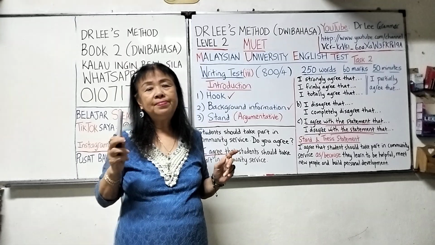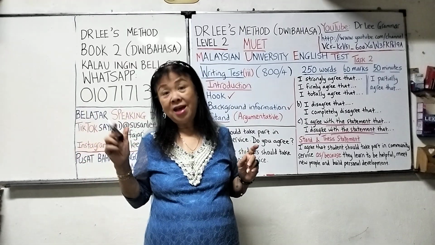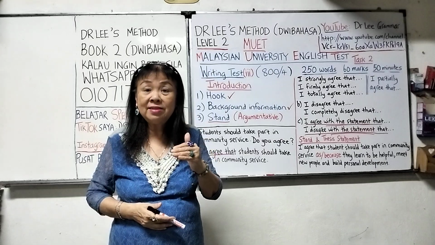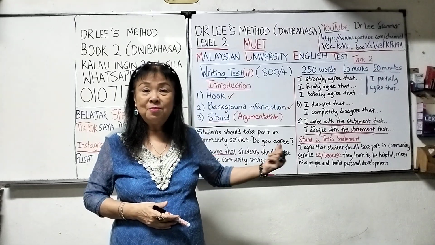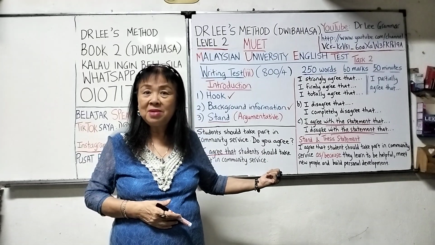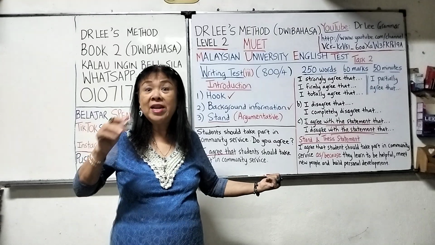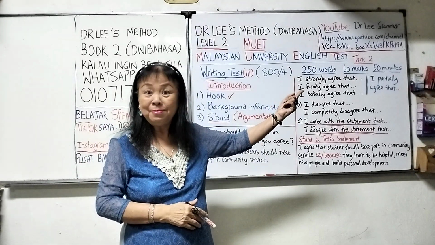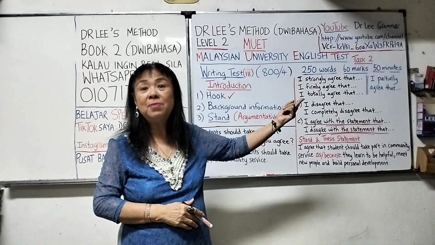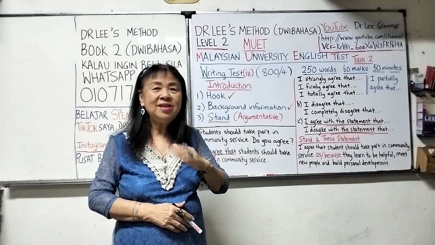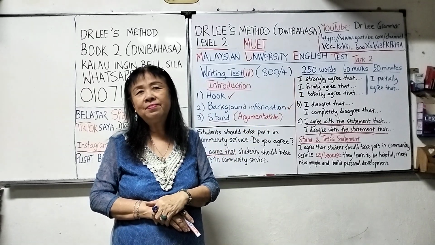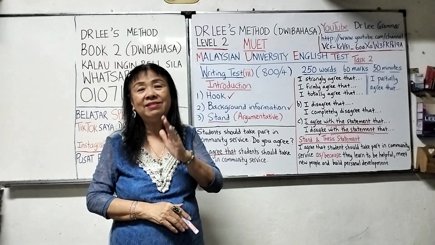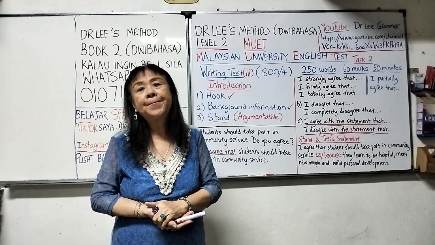Because task 1, you need to write minimum 100 words, so the suggested time is 25 minutes. But this is 250 words minimum. That is 2.5 times more than the first essay. But the time is only 2 times more, 50 minutes. For me, it's enough. I wouldn't say enough. I would say I need that 50 minutes myself.